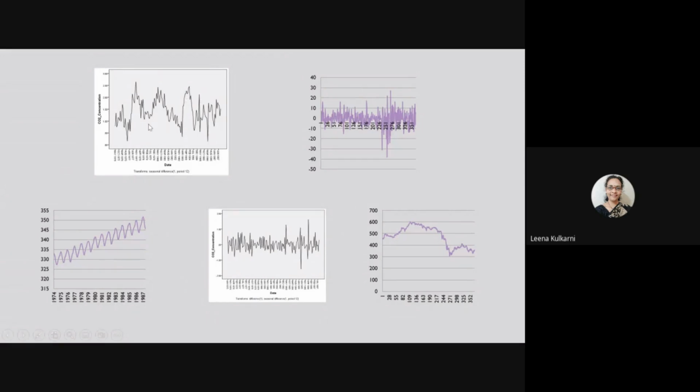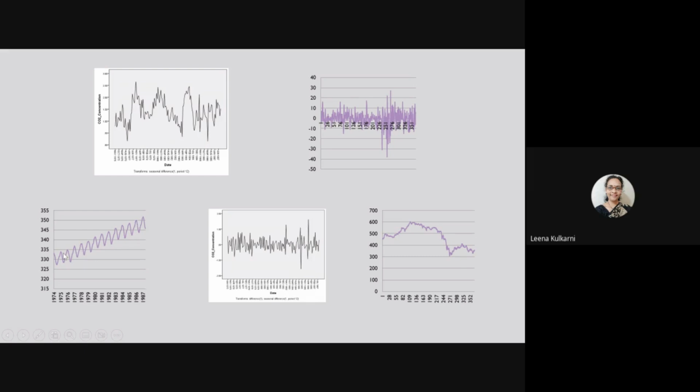Okay. So this is the data that we have already seen, which is the CO2 concentration data. As we have observed, there is a trend present in this data as well as seasonality. And if we see the fluctuations or the variations which are happening in the data set, they are lying within a certain range.